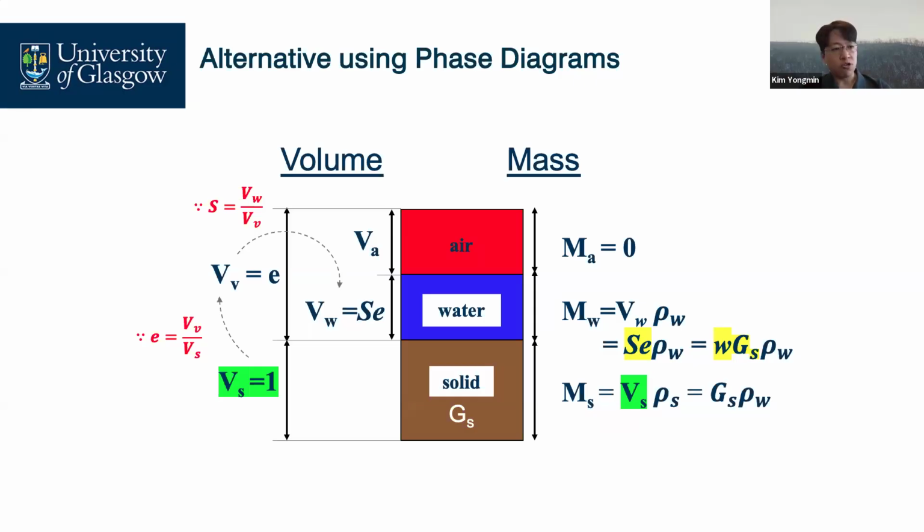Sometimes the contractor just gives me water content. Sometimes the contractor gives me degree of saturation. Sometimes the contractor gives me nothing, so all I can do is take the soil sample volume and mass only.